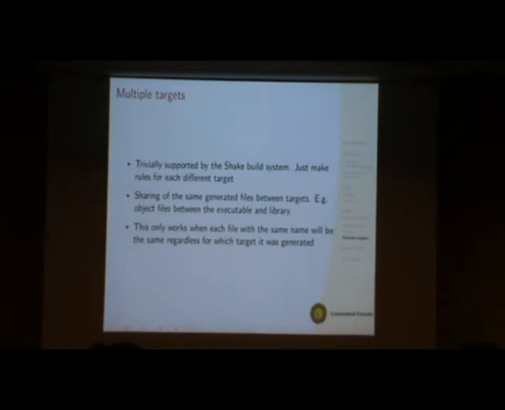Okay, the multiple targets. It turned out to be pretty trivial. Just write more rules for Shake, and it will happily build all of the targets for you. What I also did is share the same generated files for an executable and a library. You normally use the same object files anyway, so just don't redo that compilation of the object files.